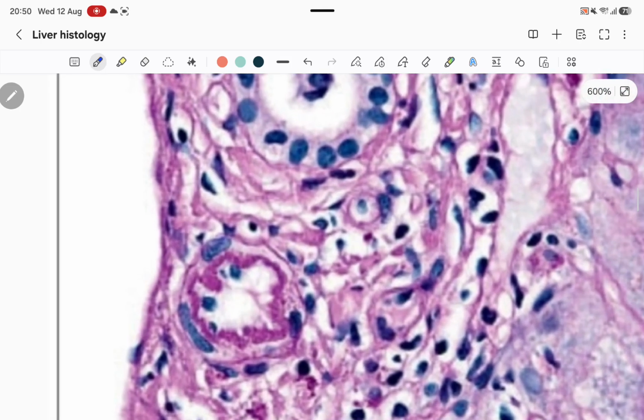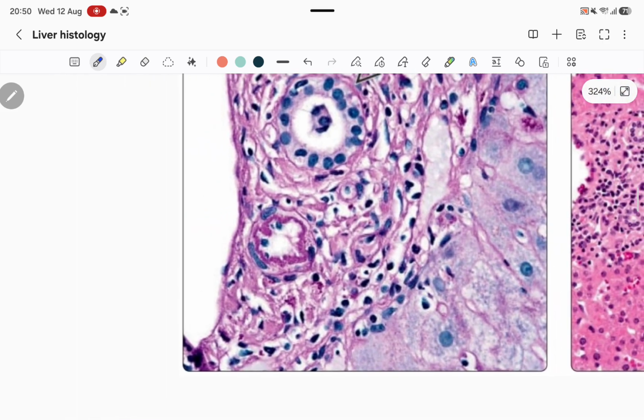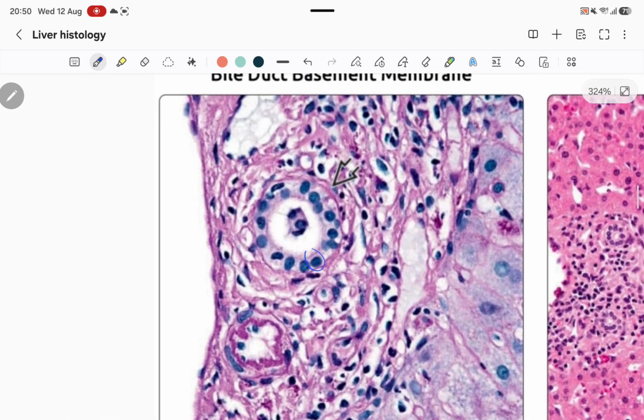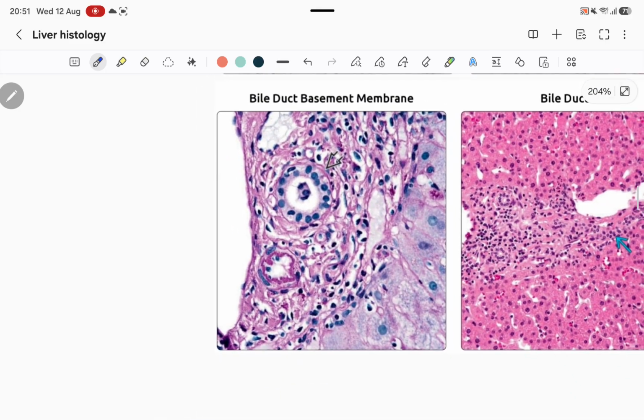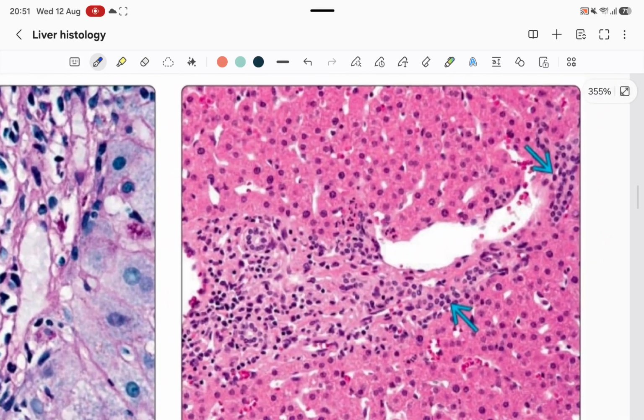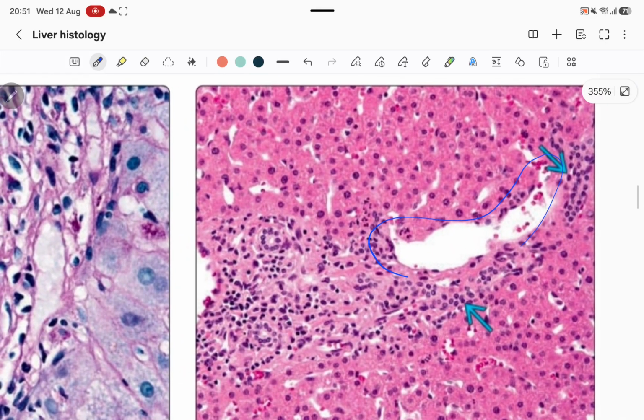But an artery, of course, we're going to look at the endothelial cells, which have an abundant cytoplasm to just line out this vessel, as opposed to this one that has cuboidal columnar cells or whatever size it is. Again, this is a big vein.